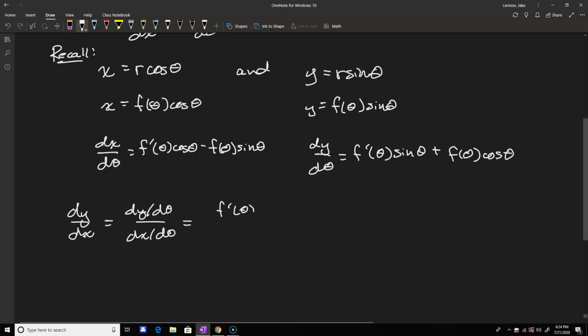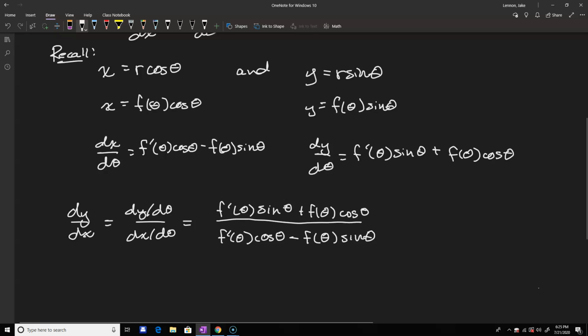So we get f prime of theta sine of theta plus f of theta cosine of theta, divided by f prime of theta cosine of theta minus f of theta sine of theta. So that is the formula for the tangent line there. This is how we can use calculus to find the slope of tangent lines given polar equations.